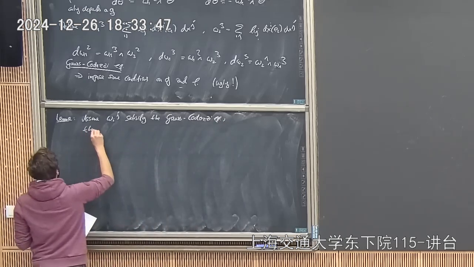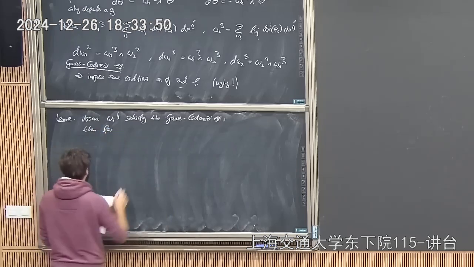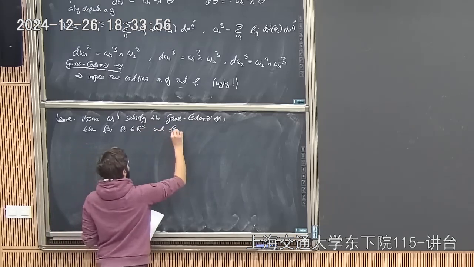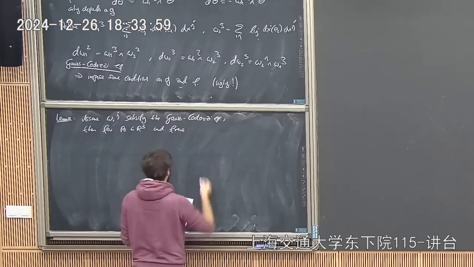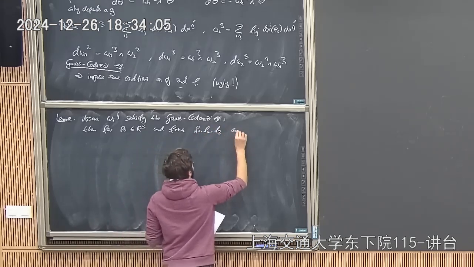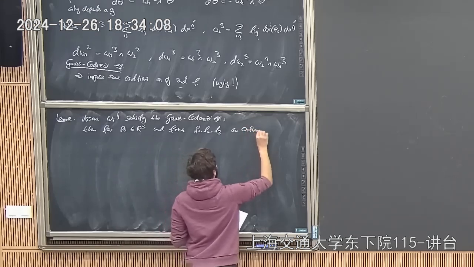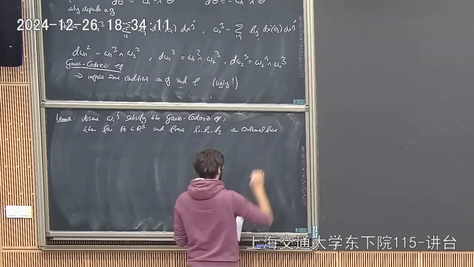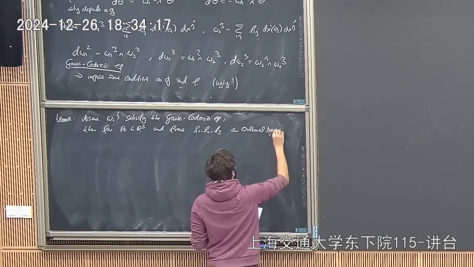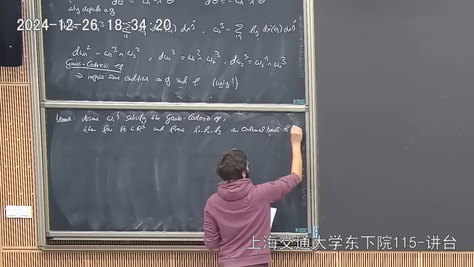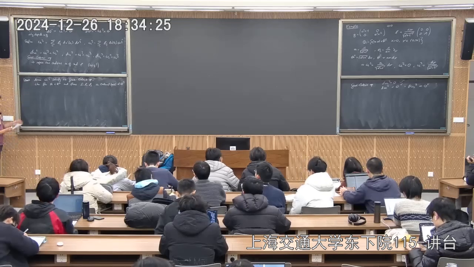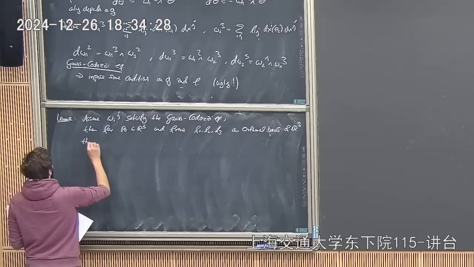Then for a given point P0 in R3 and a frame at that point, which we will call F1, F2, F3, an orthonormal basis, a constant orthonormal basis of R3, so just 3 vectors which are orthogonal. That's our input.